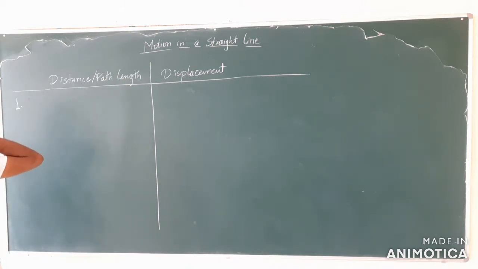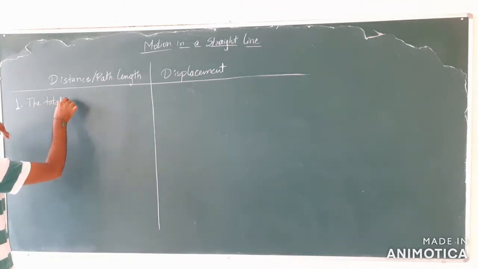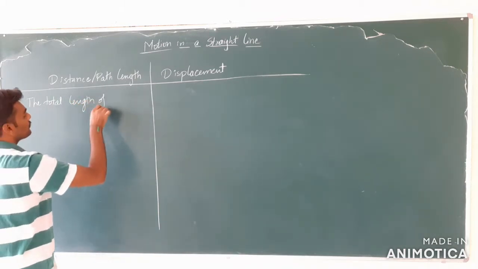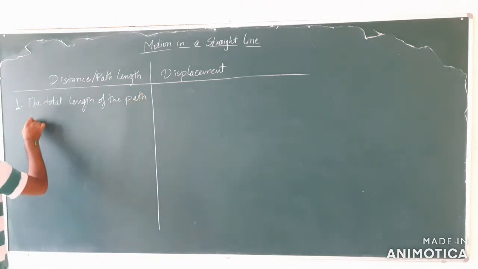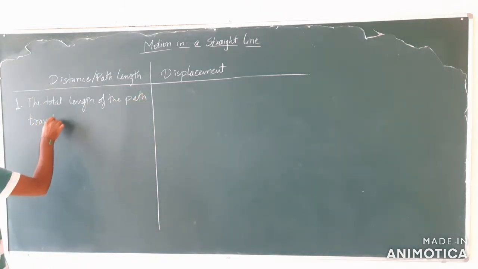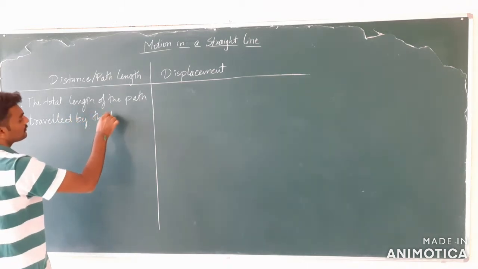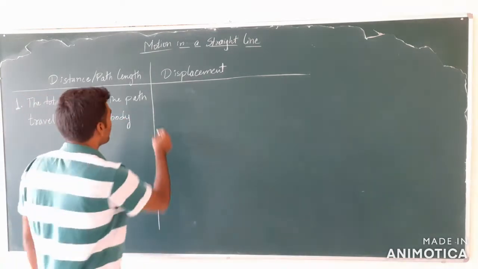Distance is defined as the total length of the path traveled by the body, right? So this is the definition of distance.